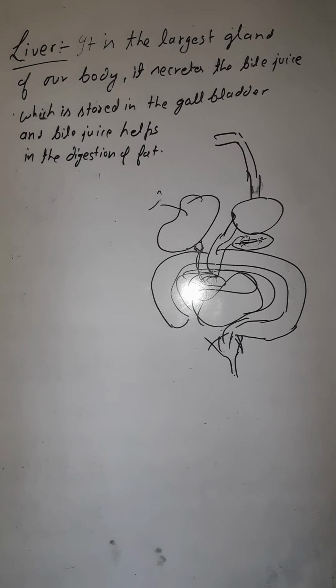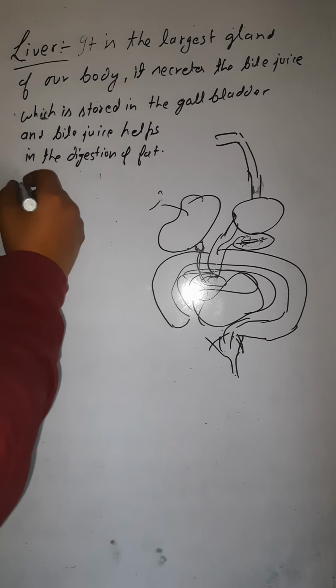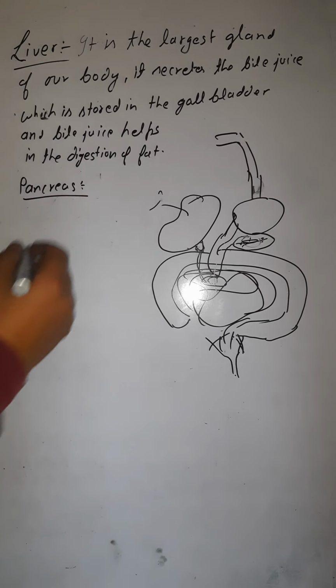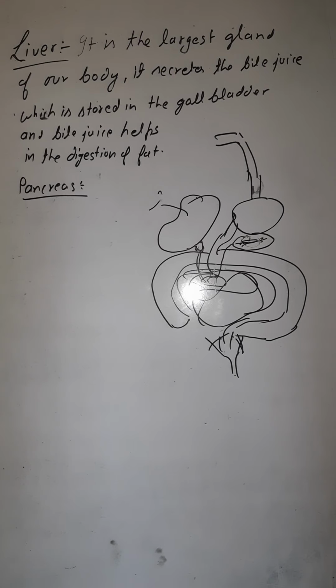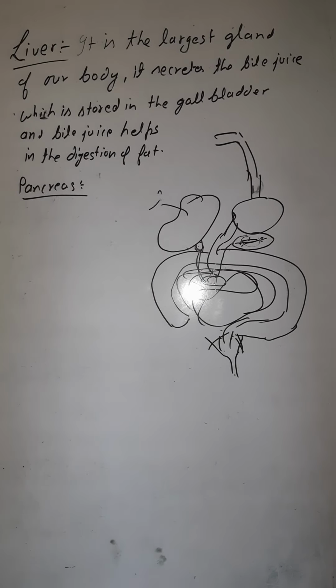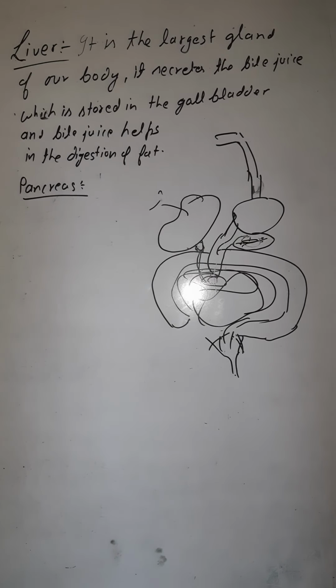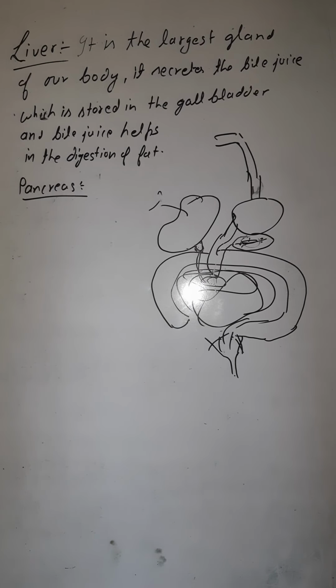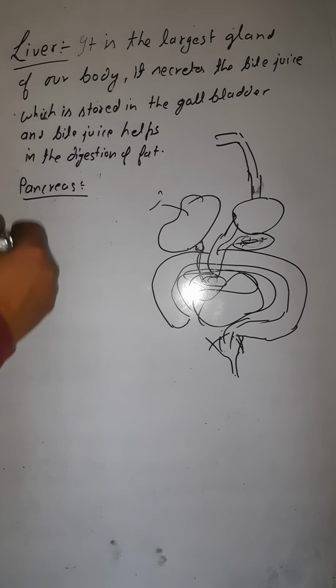Now the next very important organ that we are going to discuss is the pancreas. Basically the creamy colored structure below the stomach is called the pancreas. The pancreas secretes the pancreatic juice, which again helps in the digestion process. Below the stomach, a creamy colored structure.